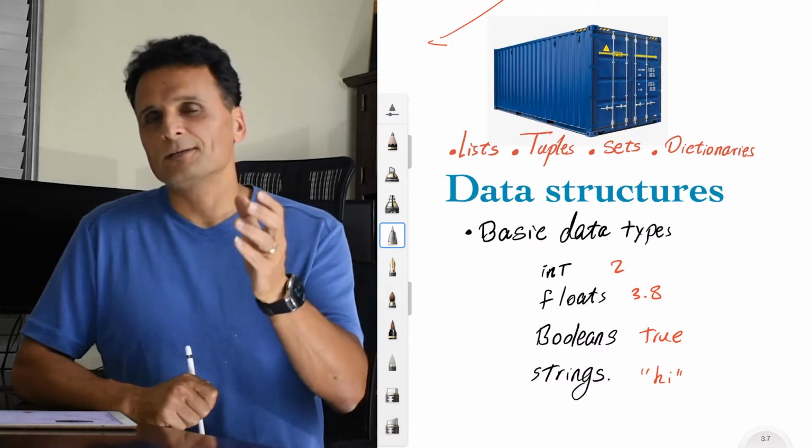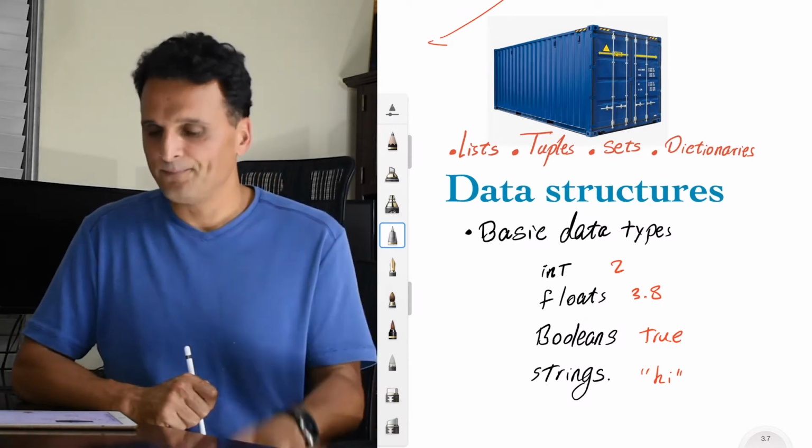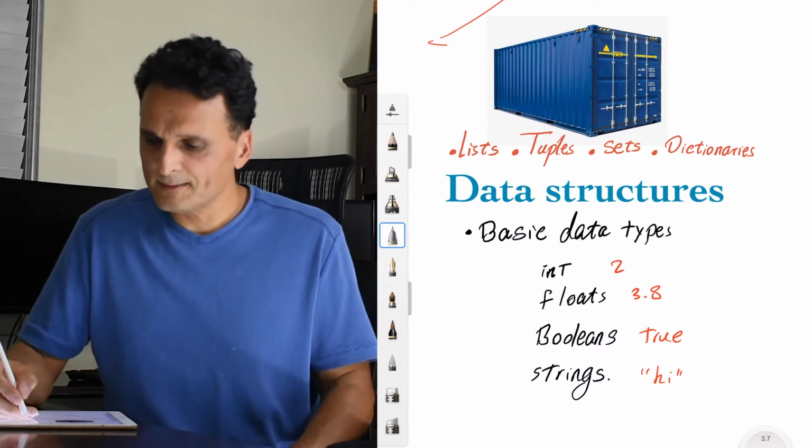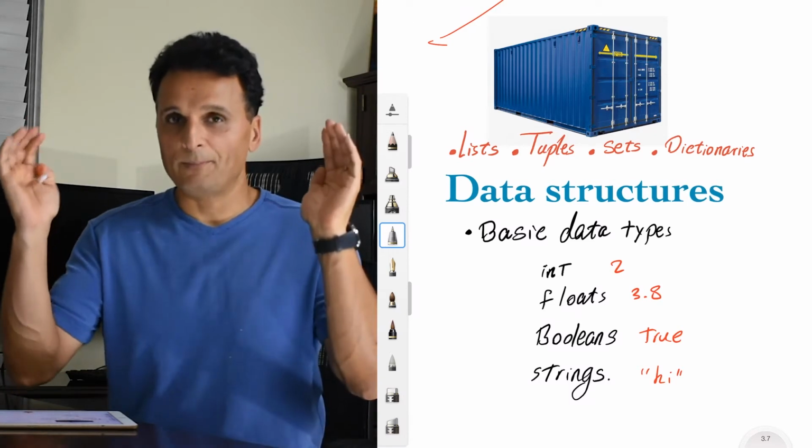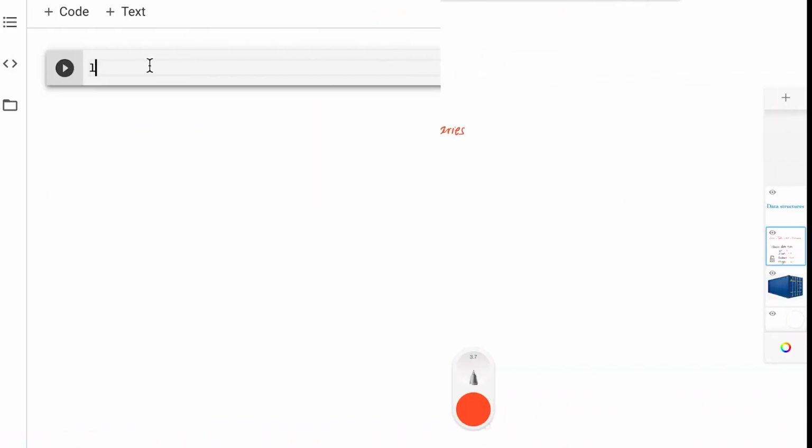The first one we're going to start with is lists. Lists come with brackets. For example, I'm going to say L1 equal to a list of 2, 3.8, true, and hi.